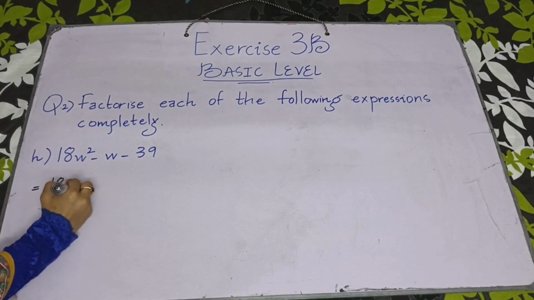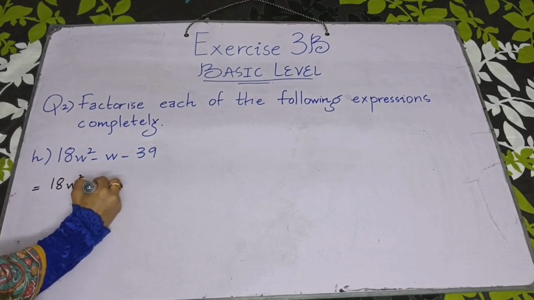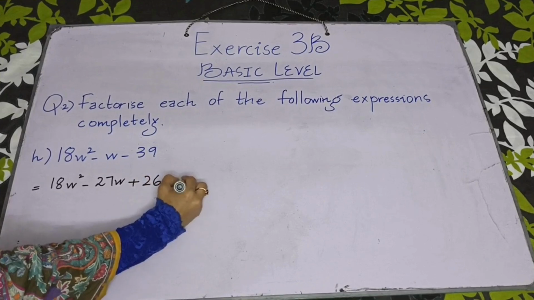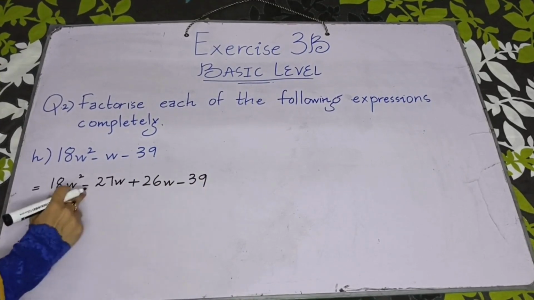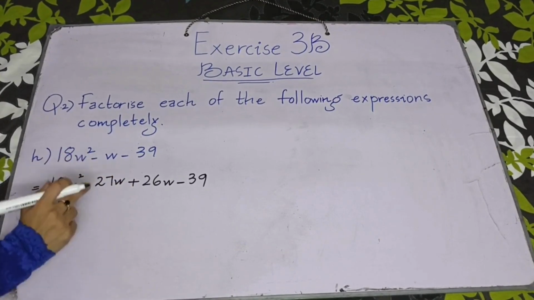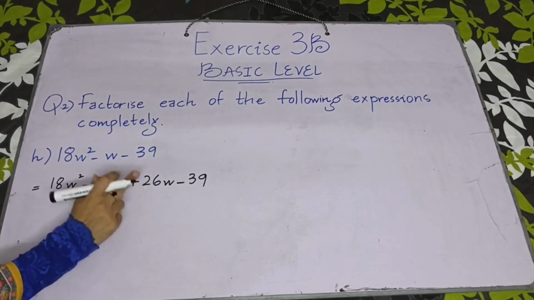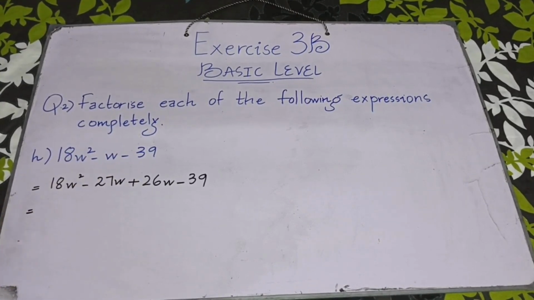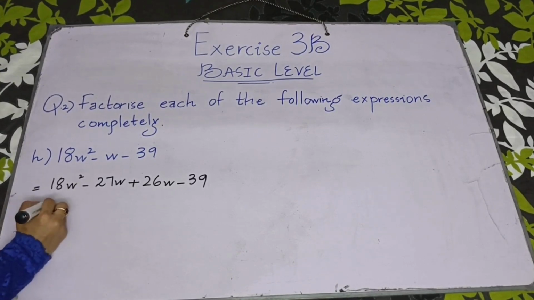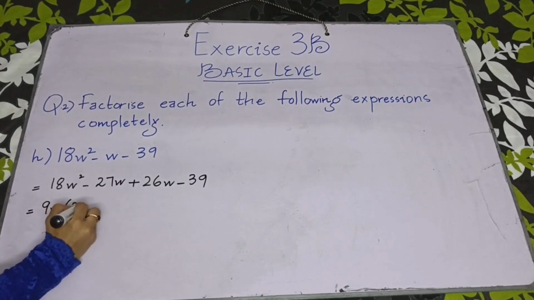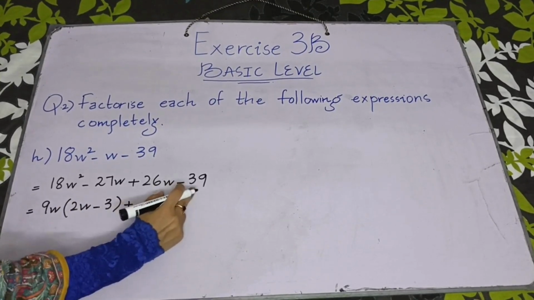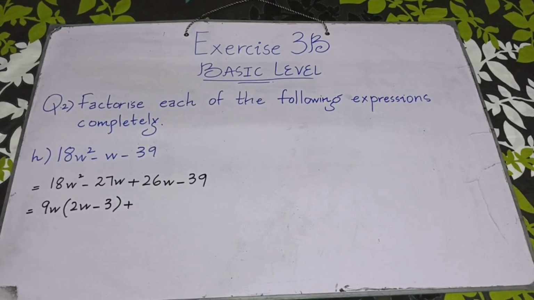18w square minus 27w plus 26w minus 39. Minus plus minus, the sign of the greater number is minus. 27 minus 26 is 1, and if I multiply 27 by 26, I will get 702. Again the common: 18 and 27 come in one table, that is 9. 9w will be the common. 2w minus 3 plus, 26 and 39 also come in one times table.